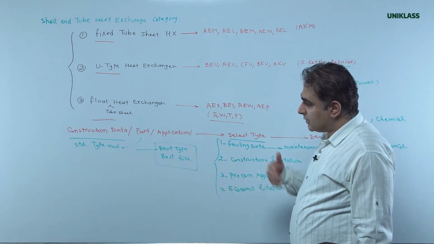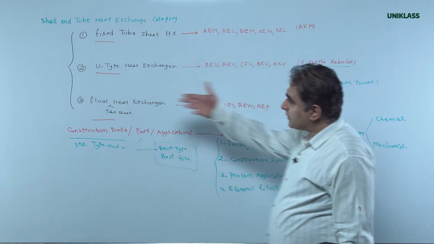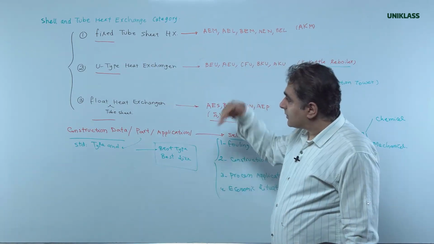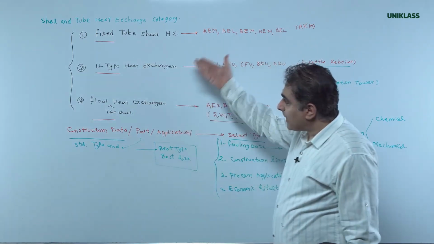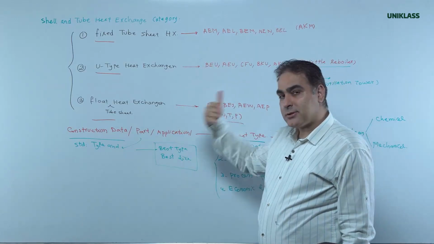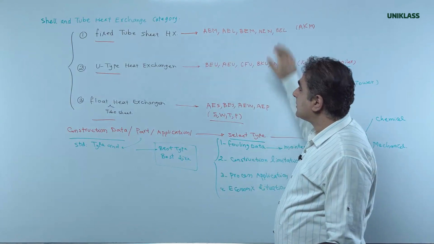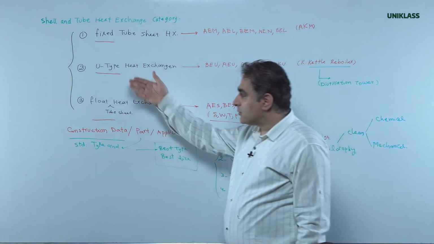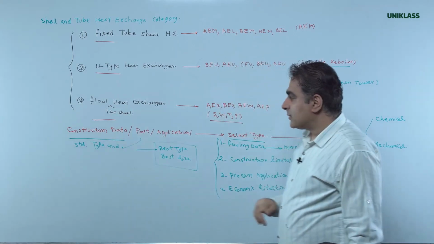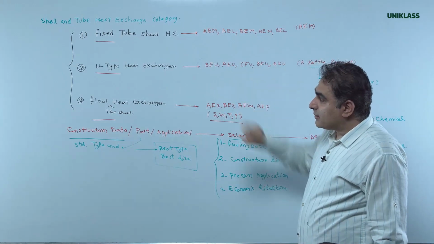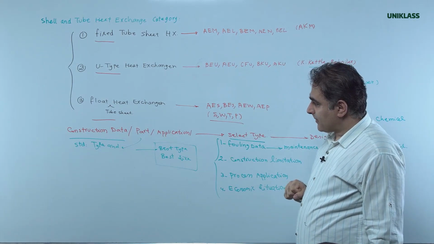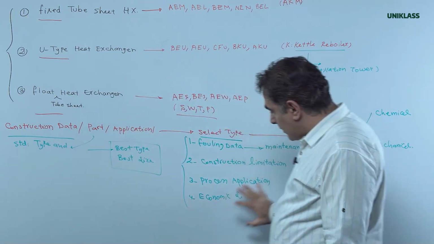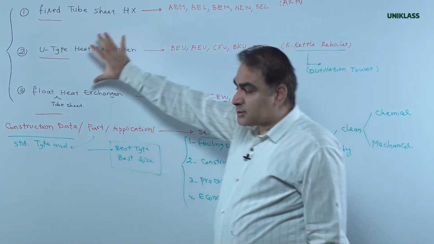Therefore, during this course, we need to start this job with the fixed tube sheet design, see what the parts are, what the application is, what the advantage and disadvantage are, and the selection of this type. Again for U-tube, again for floated heat exchanger, and compare each heat exchanger. Before this, type selection is mandatory.